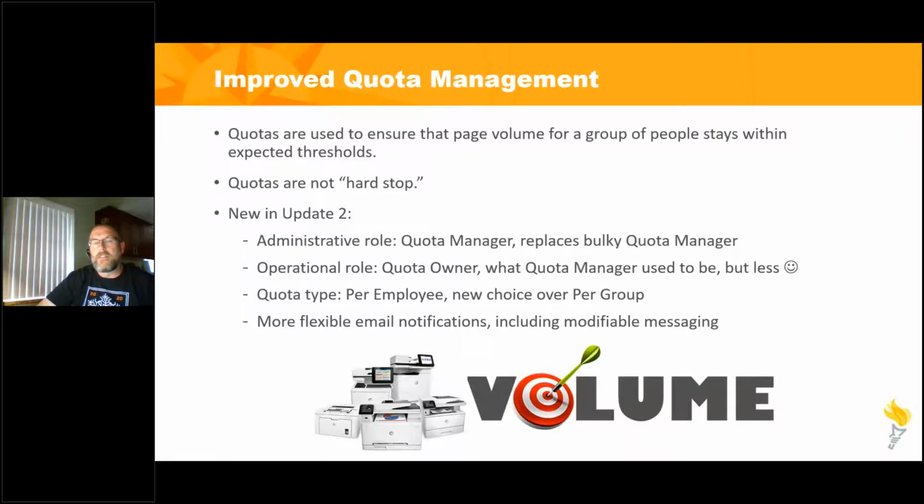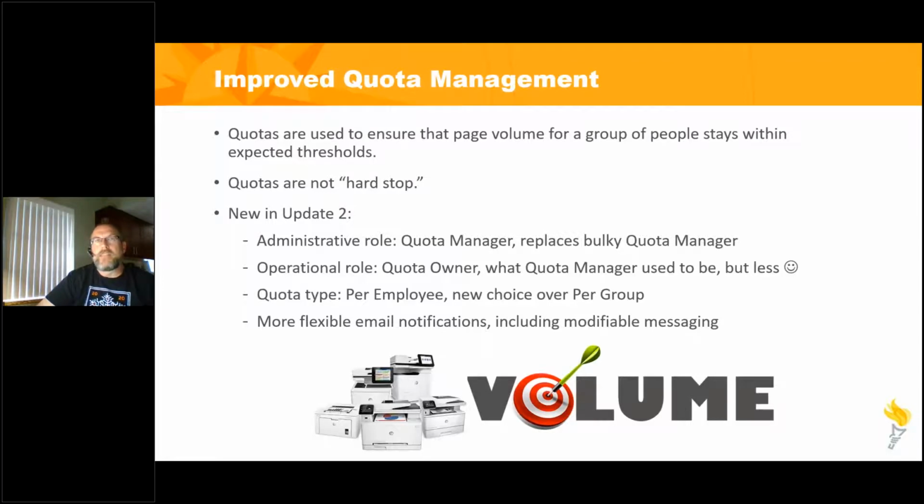You buy a device based on the number of copies or prints that it should be able to make in a month. And if you go over that budgeted limit, the service provider can actually charge you more money than what the per-copy price was before, for what they call overage use. So quota helps manage that volume a little bit better.